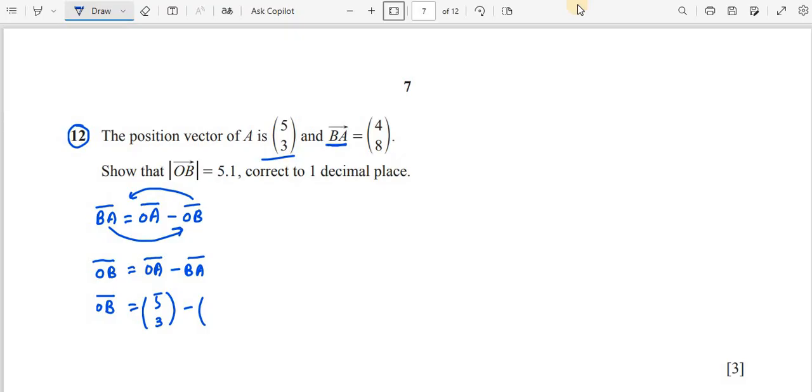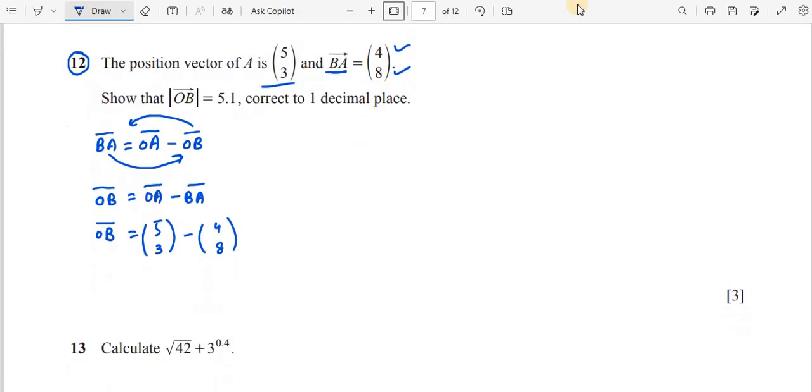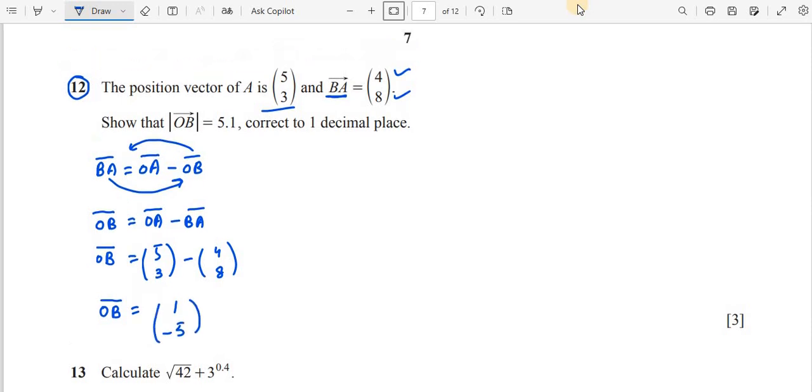BA is (4, 8). Calculating this vector, we get OB is equal to 5 minus 4 is 1, 3 minus 8 is equal to minus 5. This is the required vector OB.